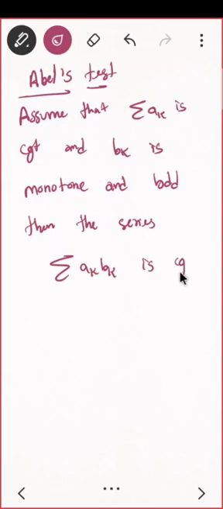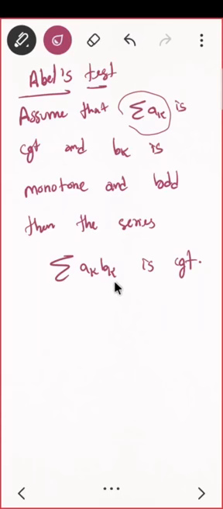Then the series summation of ek bk is convergent. You see how beautiful this theorem is. You are told about the series summation of ek, and you just have to see about this bk. If you know about this series and about bk, then you can clearly say that summation of ak bk is convergent.